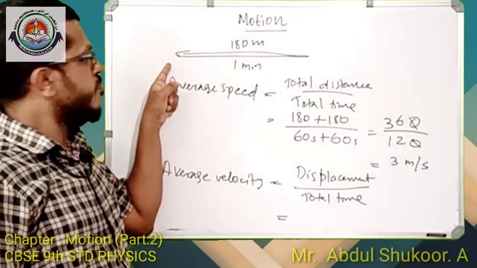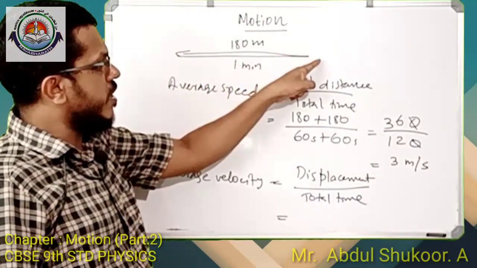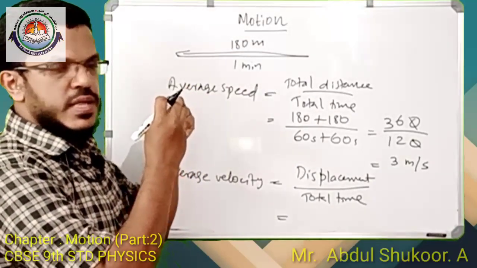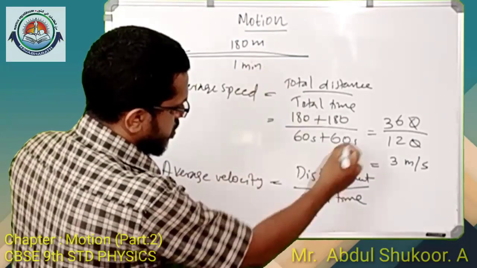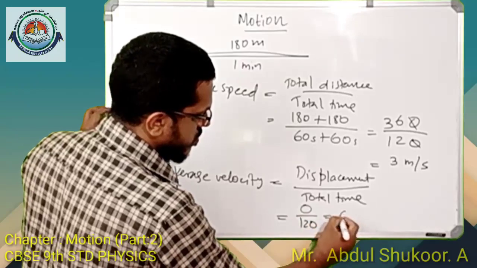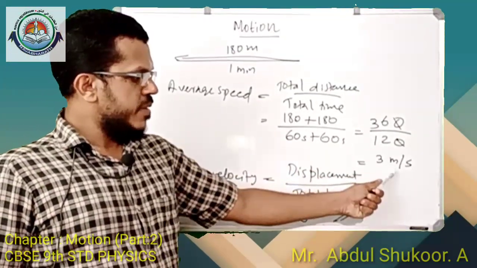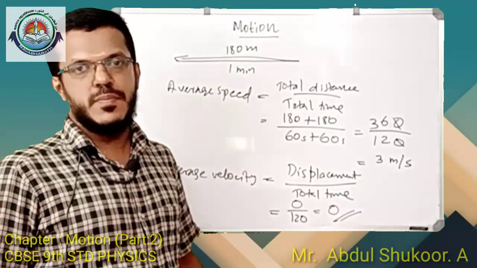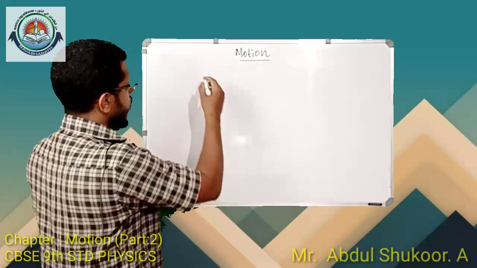She starts from the initial point and the final point is also the same. That means the initial and final points coincide with each other. So displacement is equal to 0, divided by 60 plus 60, that is 120. 0 by 120 equals 0. That means the average speed of Usha is 3 meter per second and the average velocity of Usha is 0 meter per second.